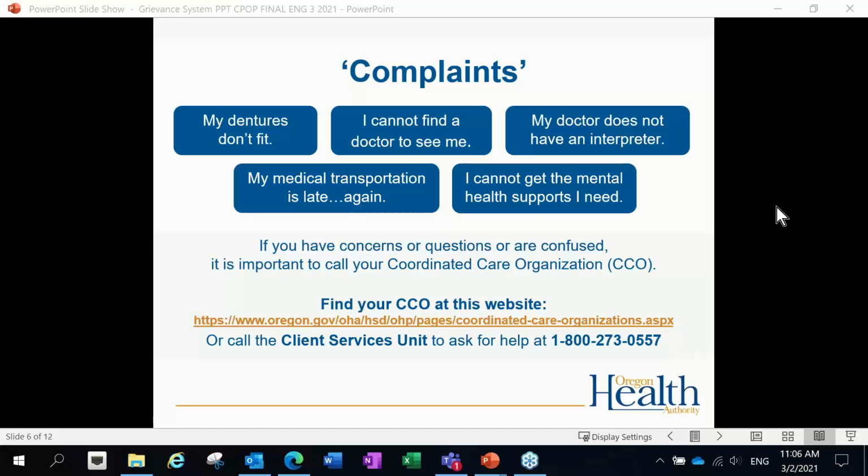So those are types of things that folks can complain about or submit a grievance or complaint, because it's not a specific service that they're asking for. It's the way that service was provided. It wasn't provided adequately. And so that's what the complaint would identify. What is the problem with getting these services? Are they working? So it's quality of care and access to care.